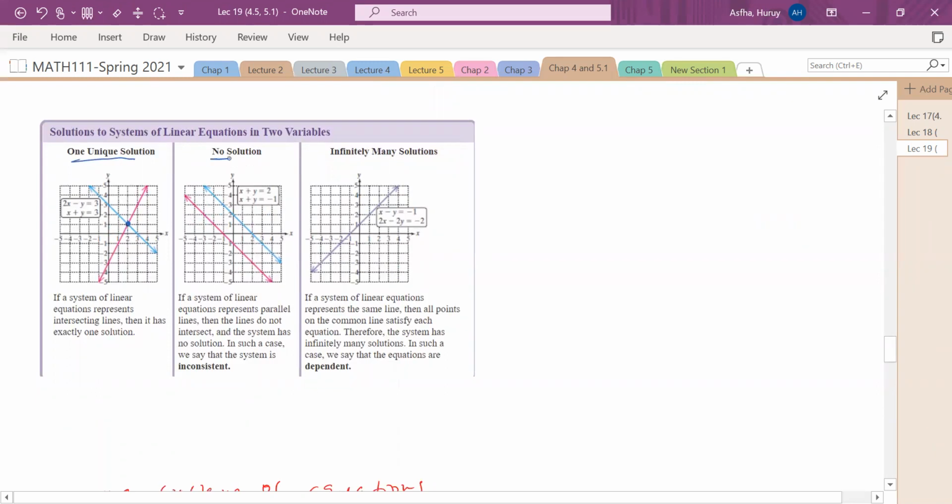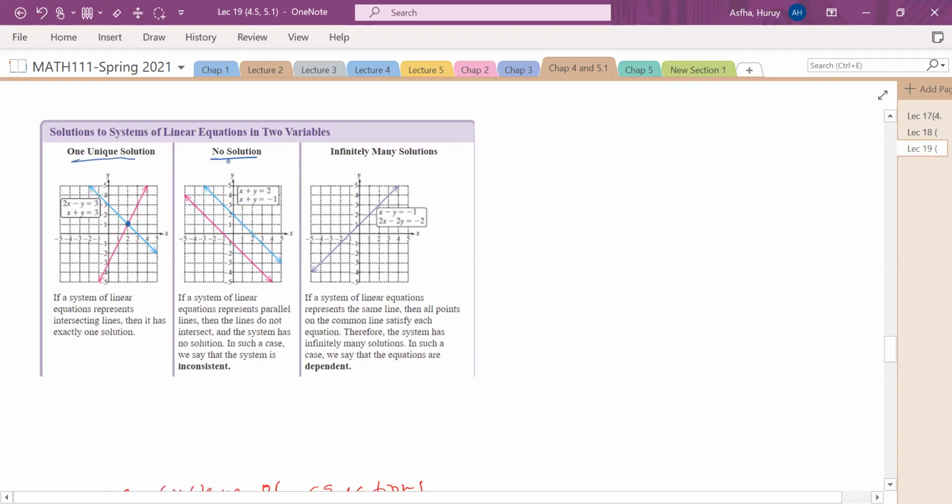And another one is no solution, and that one is if the two lines are parallel. If they are parallel, then there is no intersection, right? If there is an intersection, there is a solution. If there is no intersection, there is no solution. So parallel lines never meet. They never intersect each other.